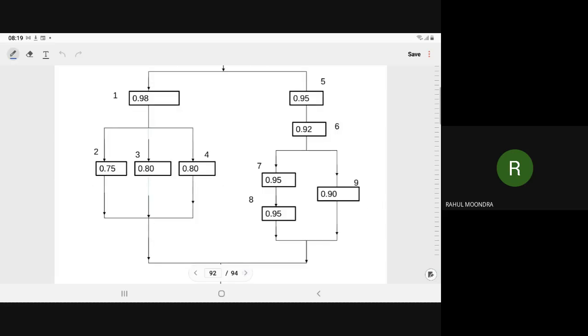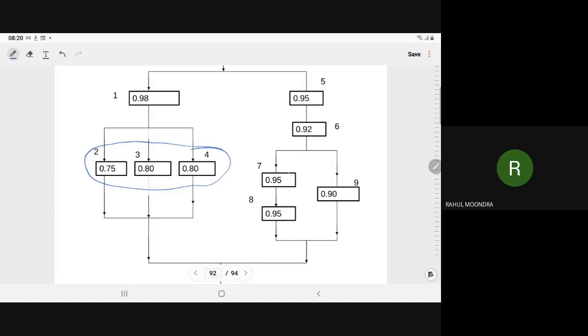So here we have the arrangement of 9 components, and in the boxes we have the value of the corresponding reliability, and outside the boxes we are labeling the component number ranging from 1 to 9. I believe you can do this. First, what is the arrangement of this subsystem?